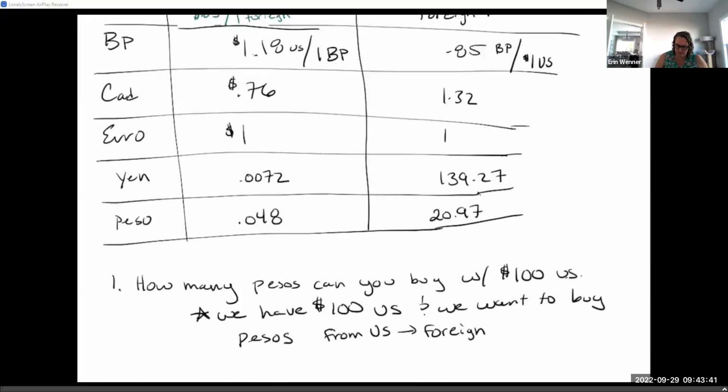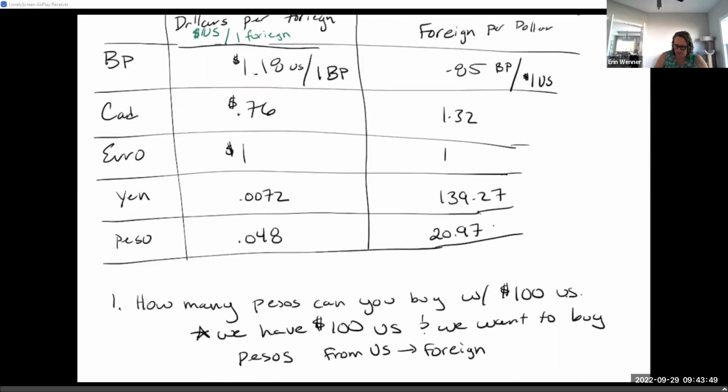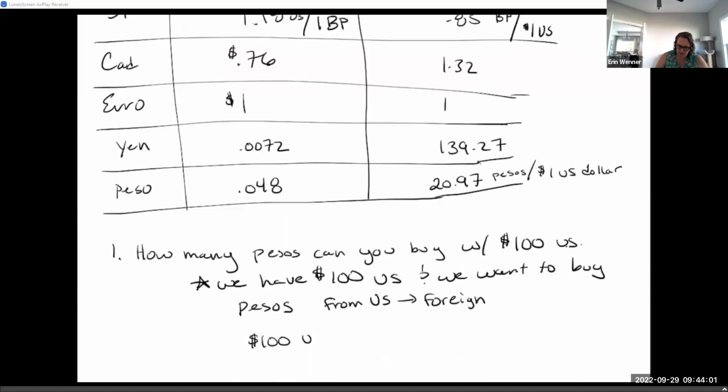So that says that we have 20.97 pesos per $1 US. So we're going to put in our $100 US over 1, and we're going to multiply it by 20.97 pesos for $1 US. So how much money do we have then?